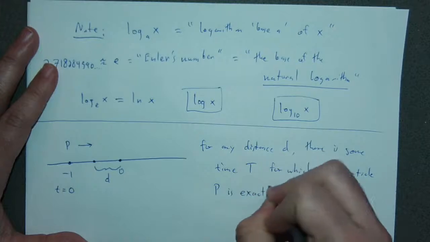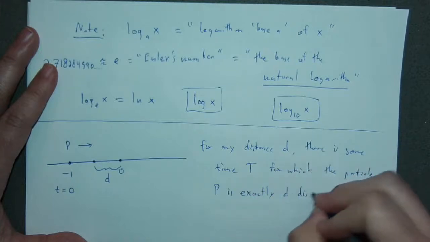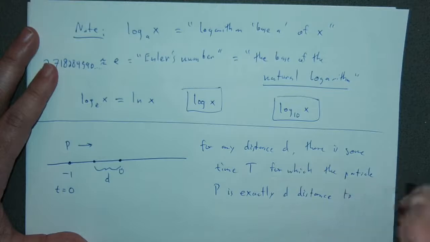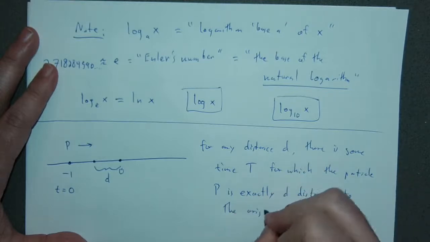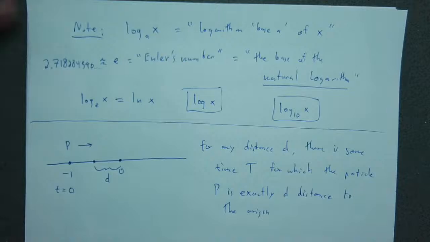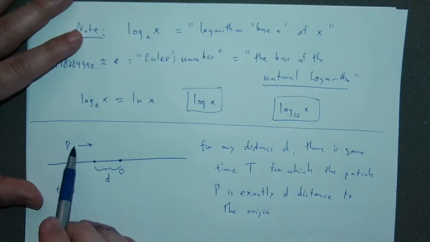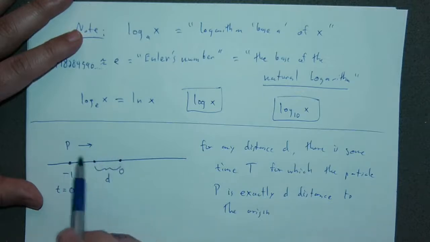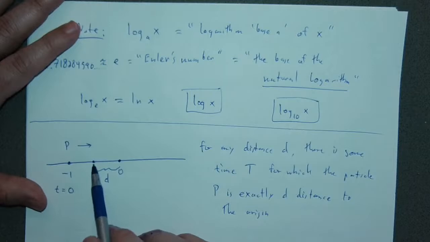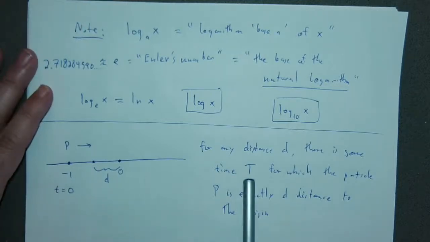So the particle P is exactly distance d from the origin. This is easy to see. In this setting, this particle is moving toward the origin at some speed that is proportional to its distance. Once we have this motion occurring, if I specify some distance to the origin, it has to pass through that point on its way to the origin. And so at some time t, it passes exactly through that point, whatever time t that is.